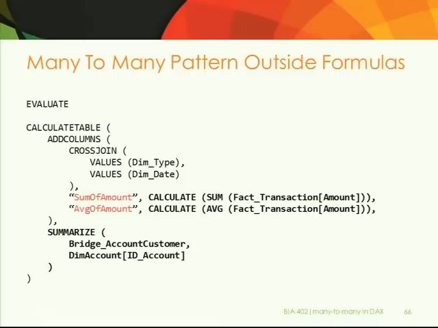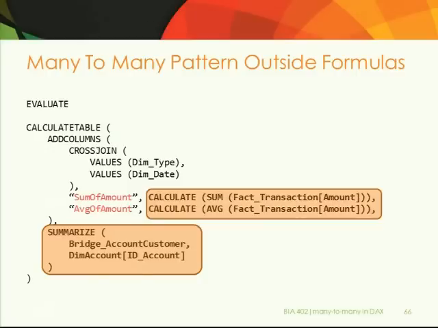Everything works because the many-to-many pattern is this part. And this part, this is the many-to-many pattern. It is outside of the single formulas, but it is a parameter of calculate table. So these two formulas are computed when the pattern is already active.